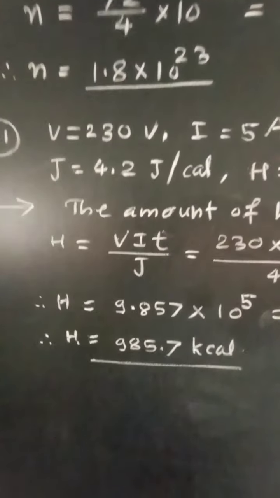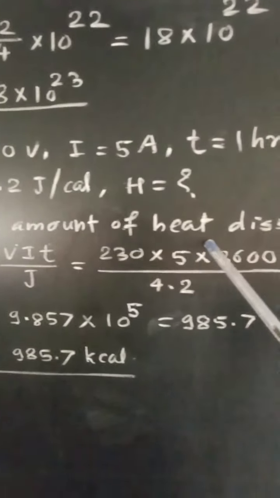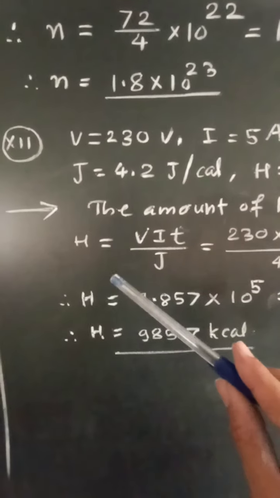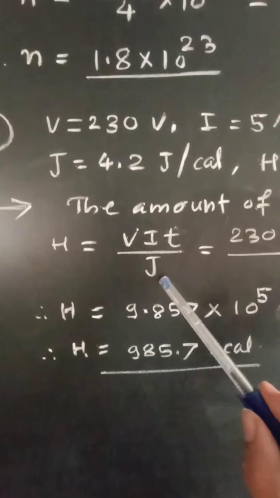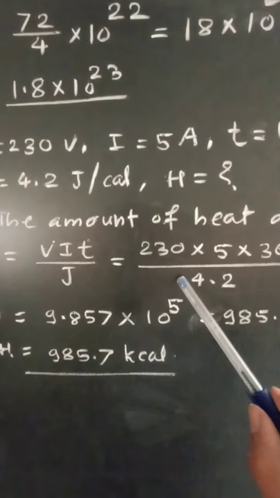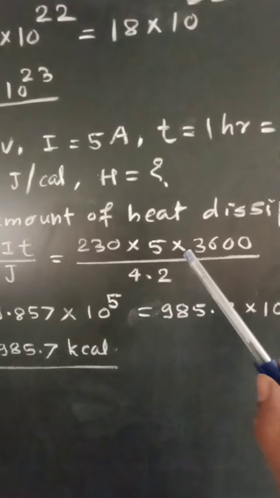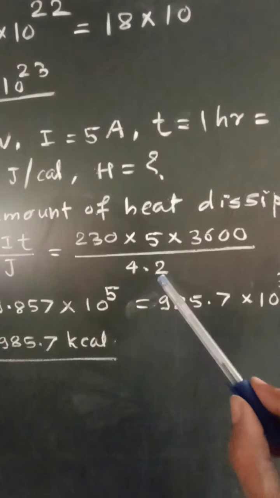According to Joule's heating effect, the amount of heat dissipated will be given as H is equal to V I t upon J, that will be equal to, putting the values, 230 into 5 into 3600 divided by 4.2.